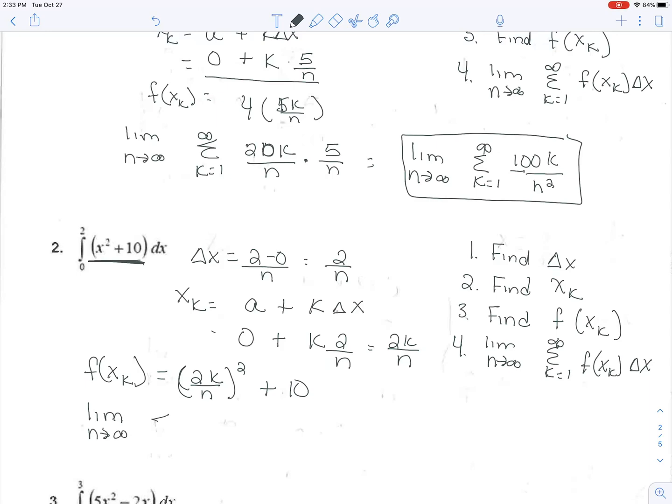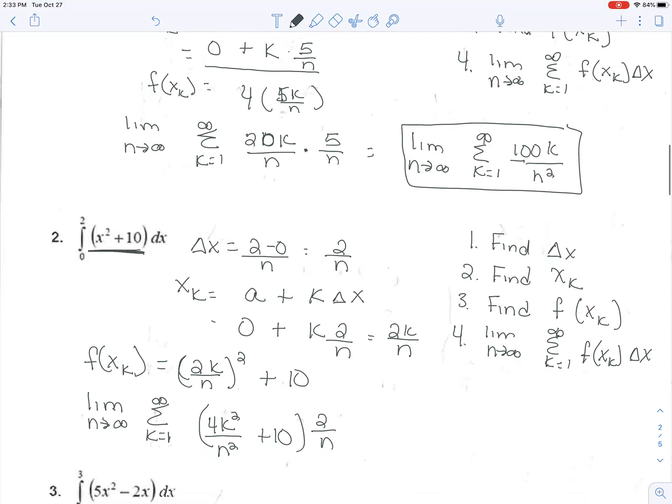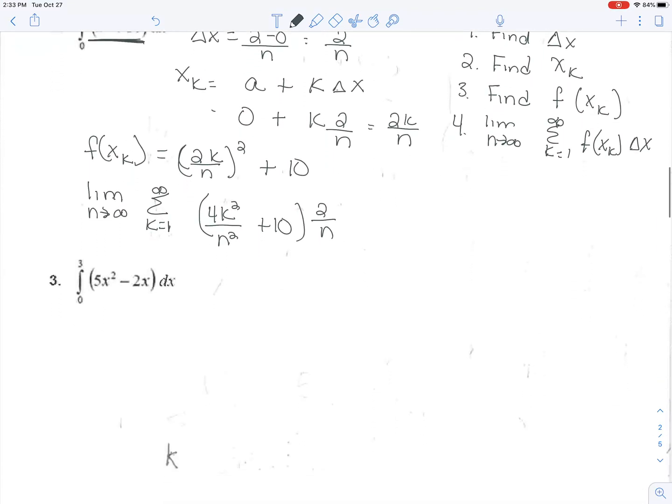So that would be the limit as n approaches infinity of k equals 1 to infinity, and f of x_k is 4k squared over n squared plus 10, and we have to multiply all of that times delta x, which is 2 over n. And again, if you want to simplify that, you can, but I am completely content in leaving it like that.